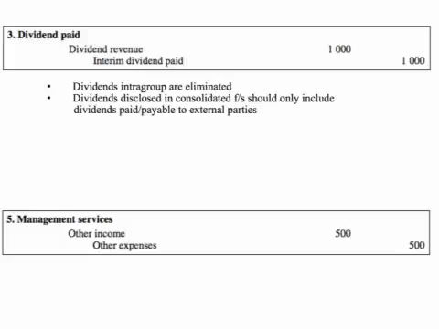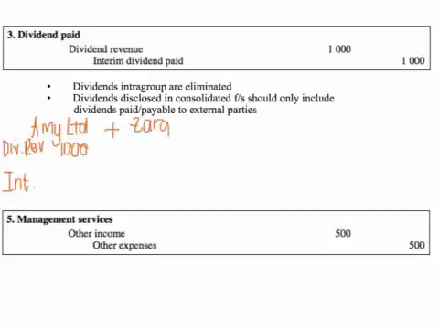So from a group perspective, we'll take the set of results of Amy Limited, including dividend revenue of $1,000. We add to that the full set of financial results of Zara Limited, including an interim dividend paid of $1,000.